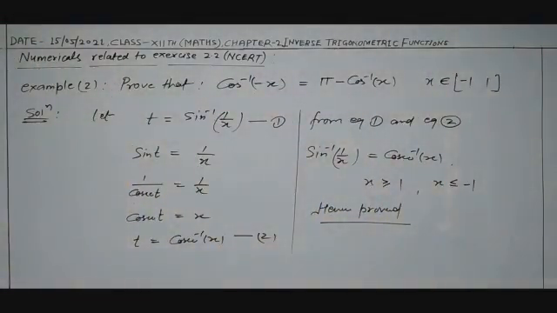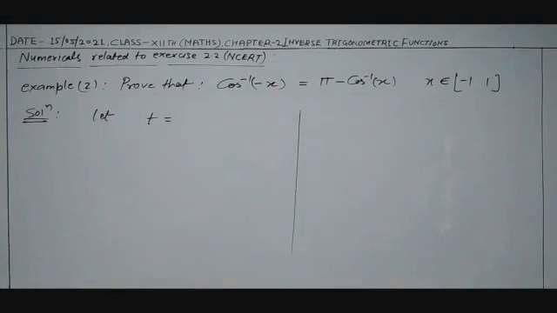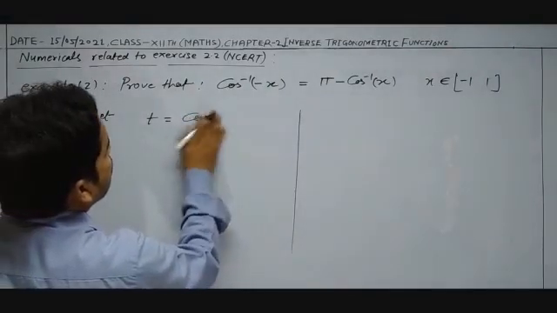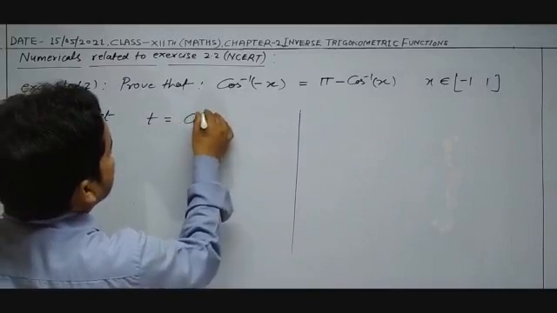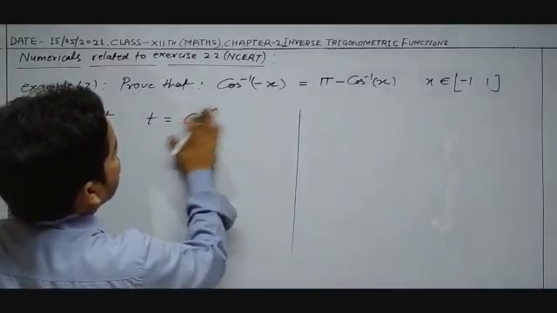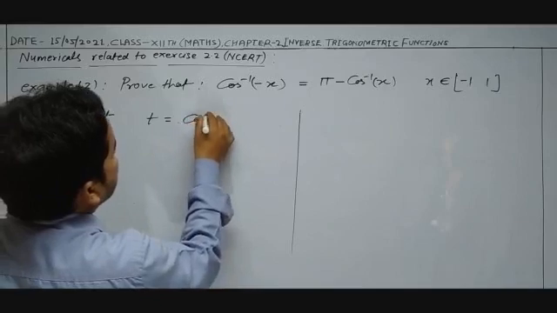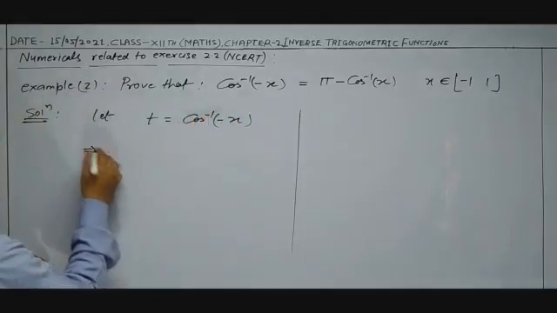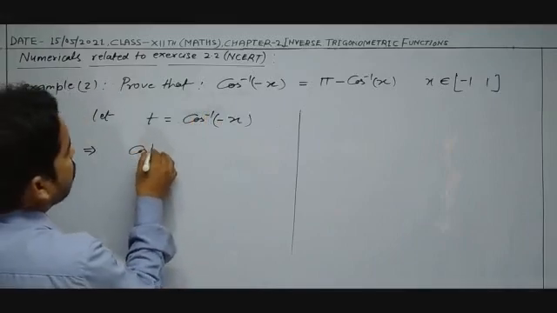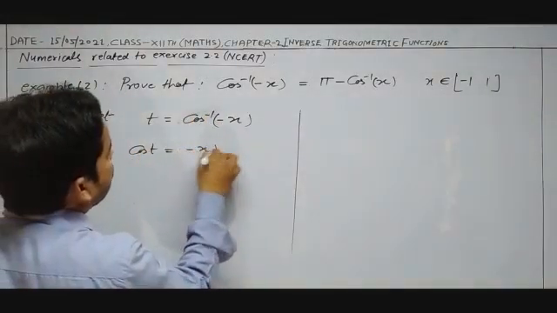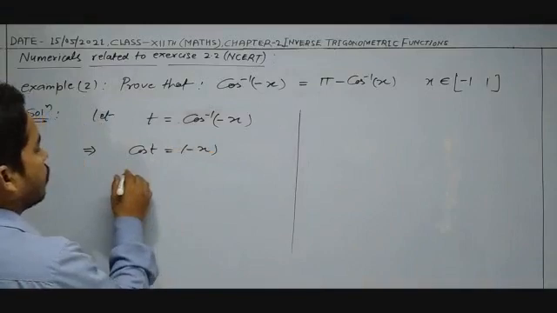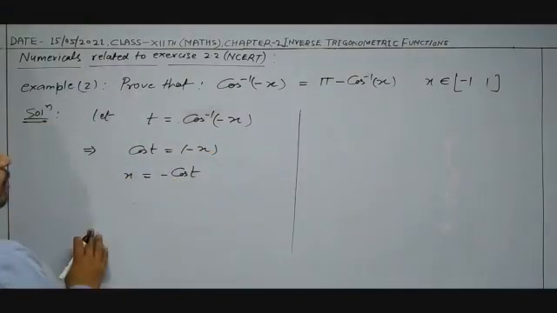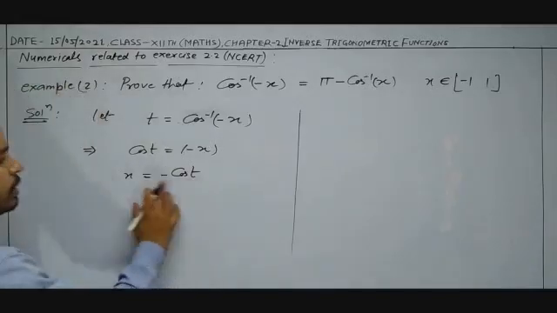So see, let t is equal to cos inverse minus x. This implies cos t is equal to minus x. So x is equal to minus cos t. The value of cos is negative in the second quadrant.